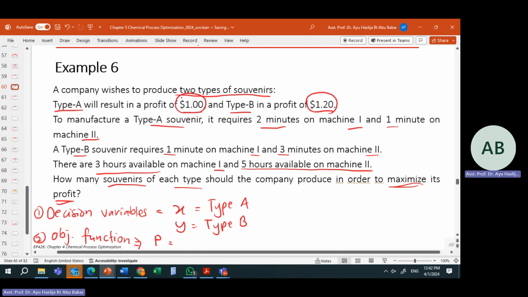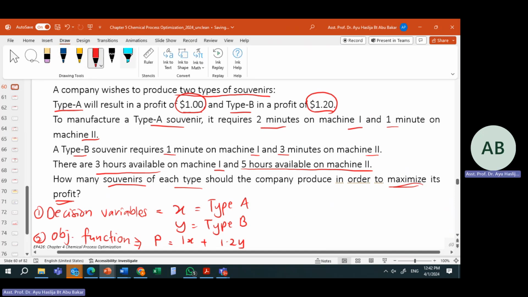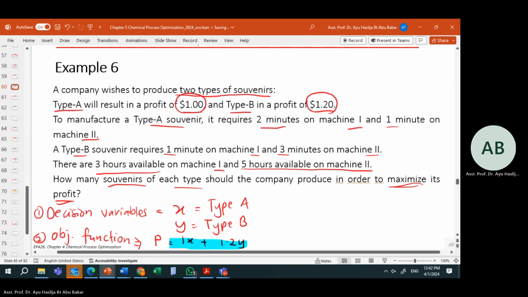So the profit for A is $1, so 1X, plus type B, which is Y, with a profit of $1.20, so 1.2Y. This is your objective function equation. You must generate this equation.